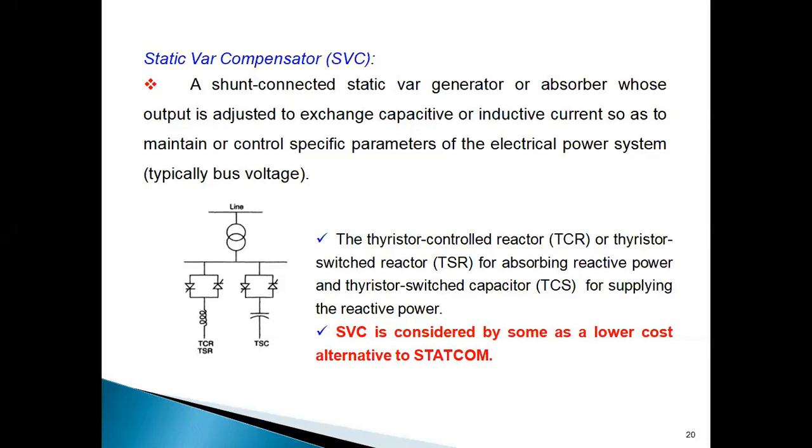Continuous control is possible in the case of TCR, whereas in TSR we will have only discrete control. When I say continuous control, smooth control is possible, and in case of discrete, step-by-step control is possible.